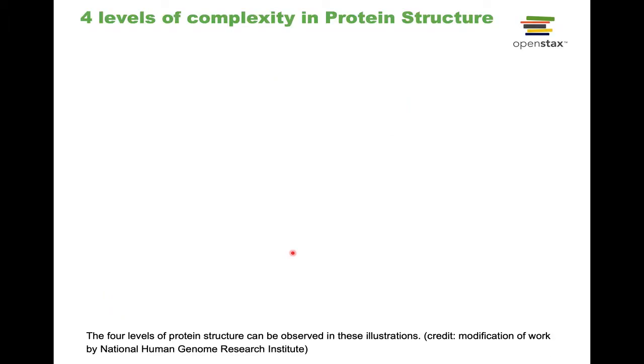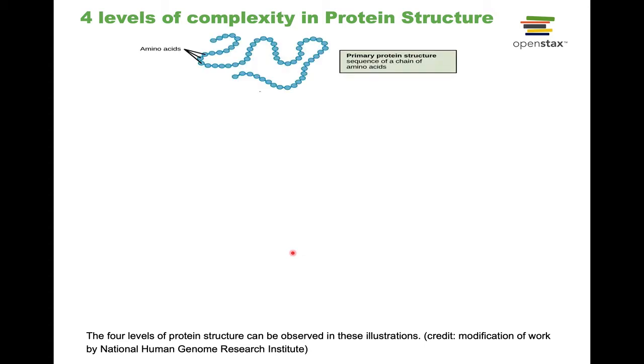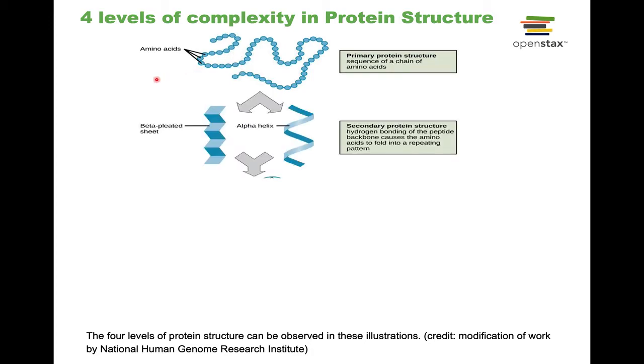Now, how do proteins gain their structure? There are 4 levels of complexity in a protein structure. The first level is called the primary structure, and the primary structure is simply the sequence of the amino acids. It is simply the content, what amino acids are in the polypeptide and in which order they are in.